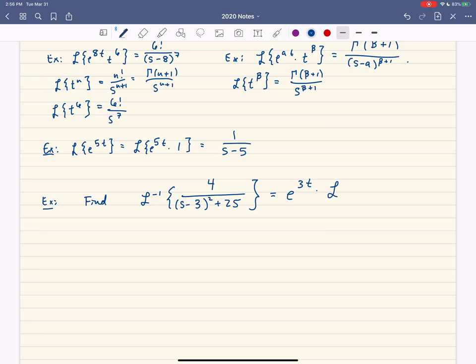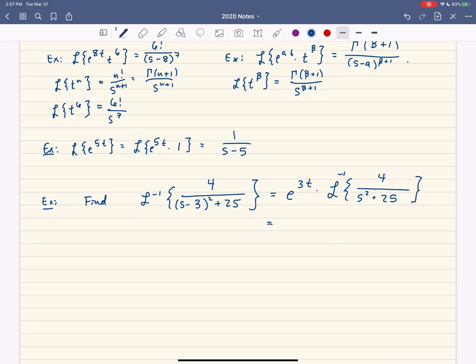So I can think of that as e to the 3t times the Laplace transform of the unshifted version, 4 over s squared plus 25. And now how do we find the inverse Laplace transform of 4 over s squared plus 25? Well, that's looking a lot like sine, except that would be 5 over s squared plus 25.